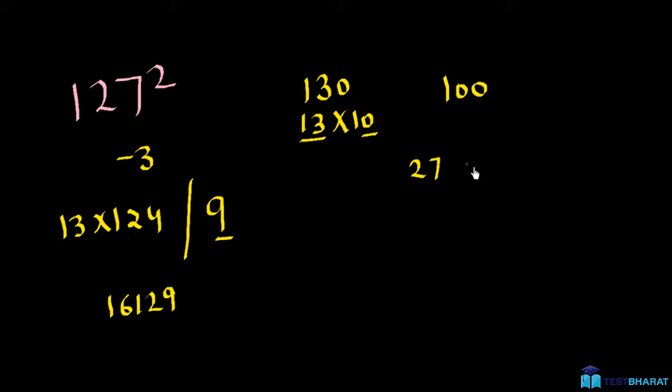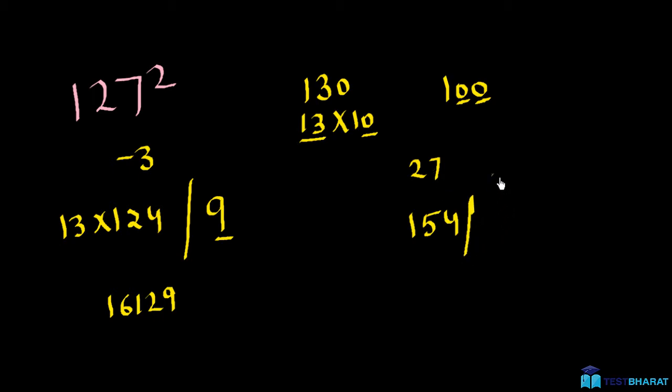My x was 27 and my number was 127, so 127 plus 27 will give me 154. And here my a is 1, because this is 10 into 10, that is 100.